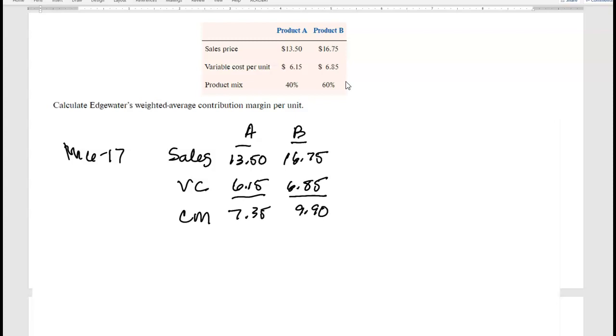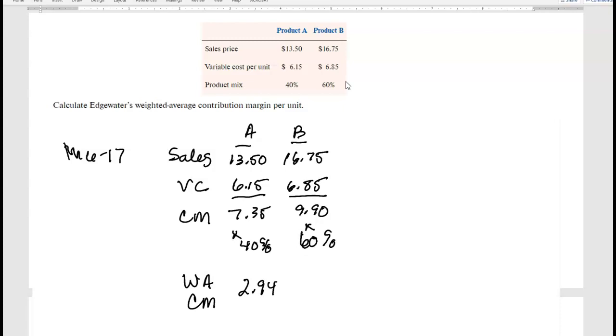So now we have a contribution margin for each. The weight on product A is 40%. The weight on product B is 60%. So our weighted average contribution margin, we multiply those two together. $7.35 times 40% is $2.94.